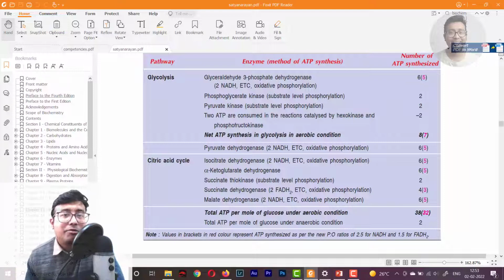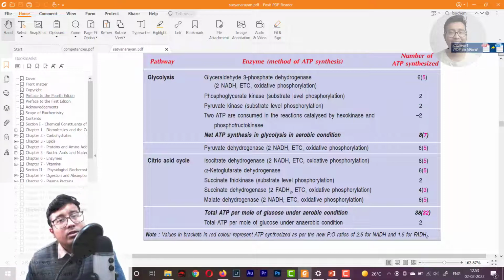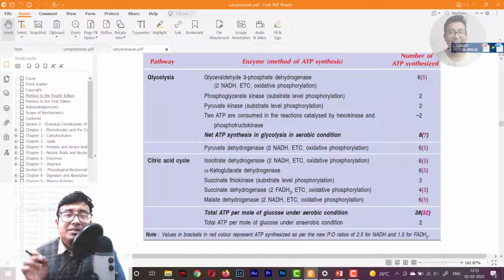By participating in a few shuttle mechanisms, that is the glycerophosphate shuttle or malate shuttle. Now the old theory was that one NADH produces 3 ATP, that is equivalent energy of 3 ATP. Whereas the new energetics research papers have suggested that one NADH produces 2.5 ATP.